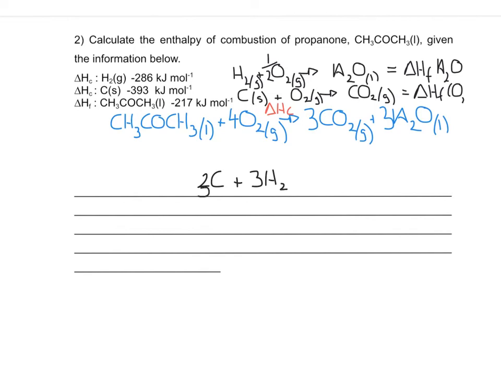We have got 3 hydrogen molecules, and we have got half a molecule of oxygen. Now those are the constituent elements that are needed to make up propanone. All together, those elements will react together, they'll form propanone, so this first arrow is the delta HF for this propanone.